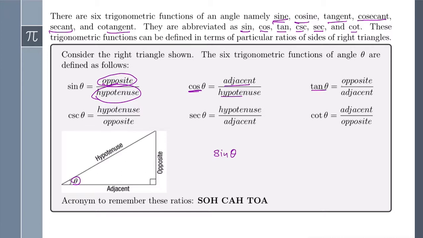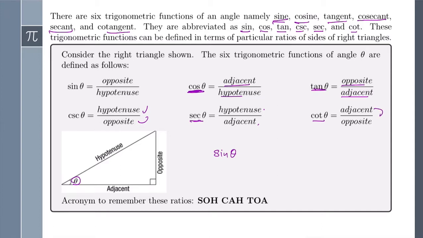Tangent of theta is opposite over adjacent. Cosecant is hypotenuse over opposite, the reciprocal of sine. Secant is the reciprocal of cosine, which is hypotenuse over adjacent.